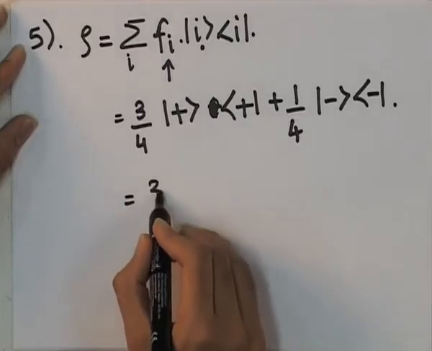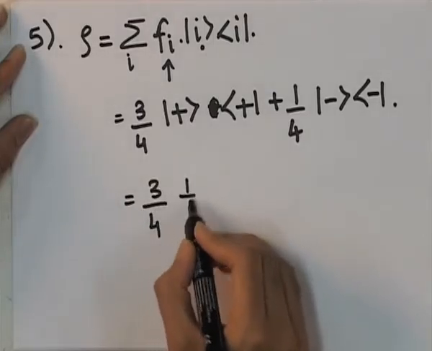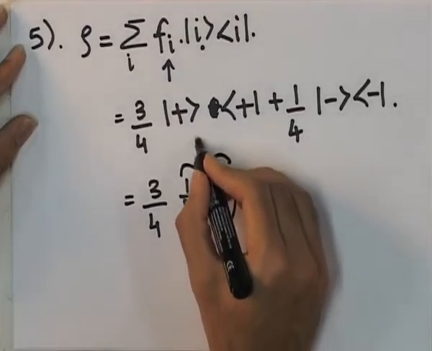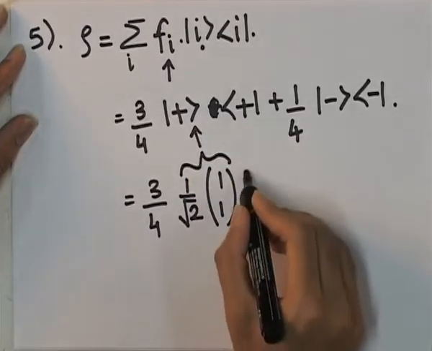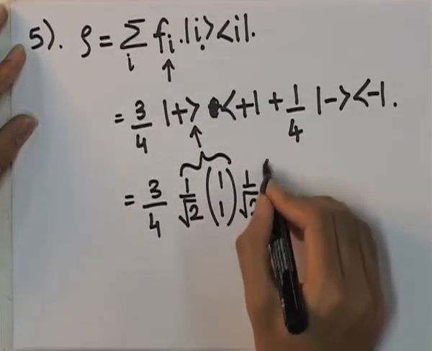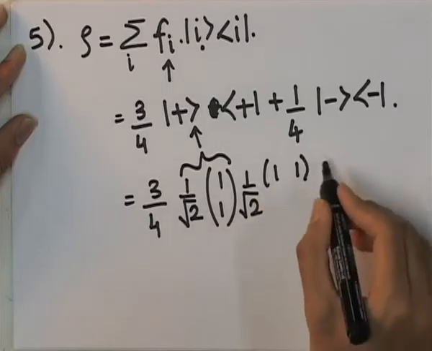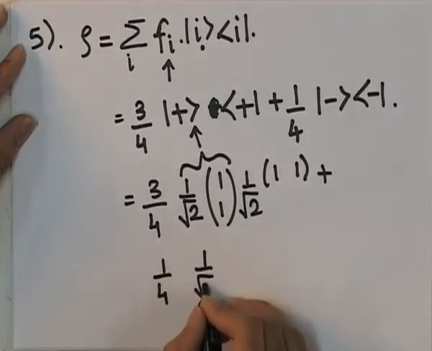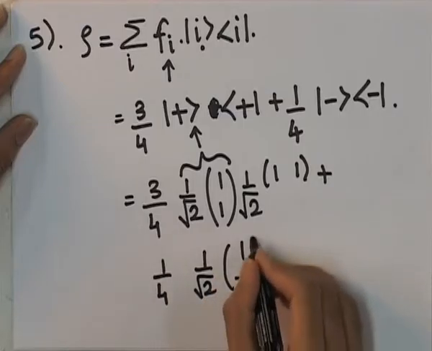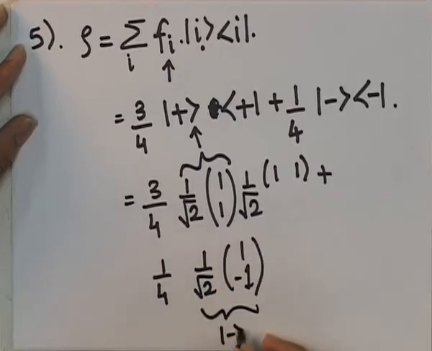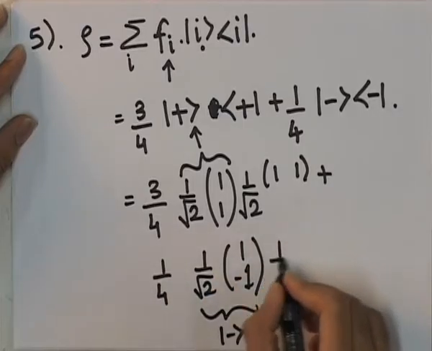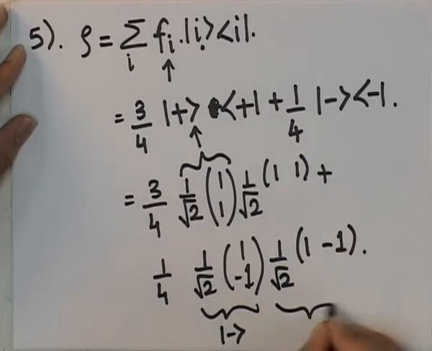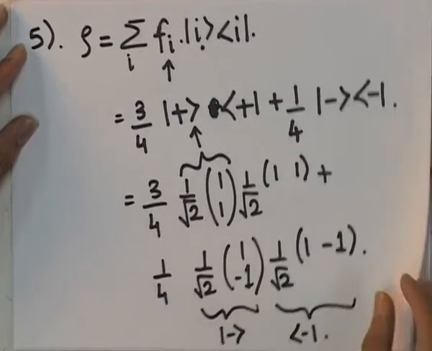So this would be 3 by 4 times 1 upon root 2, (1, 1), which is ket plus, multiplied by bra plus, plus 1 upon 4 times 1 upon root 2, (1, minus 1), which is ket minus, times 1 upon root 2, (1, minus 1), which is bra minus.